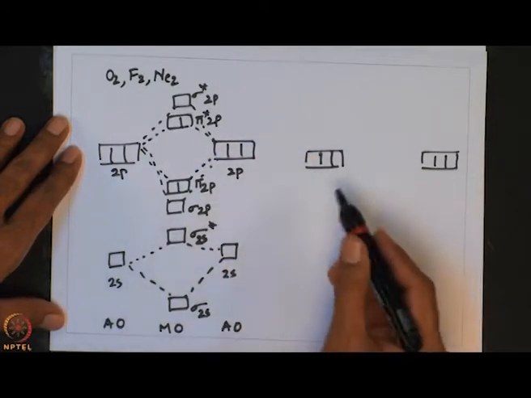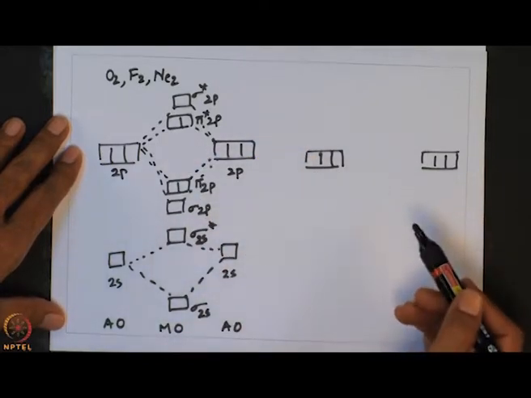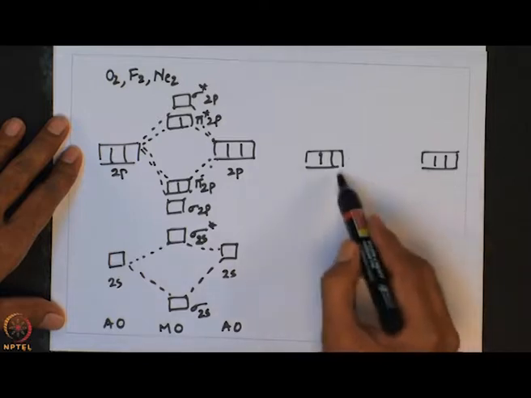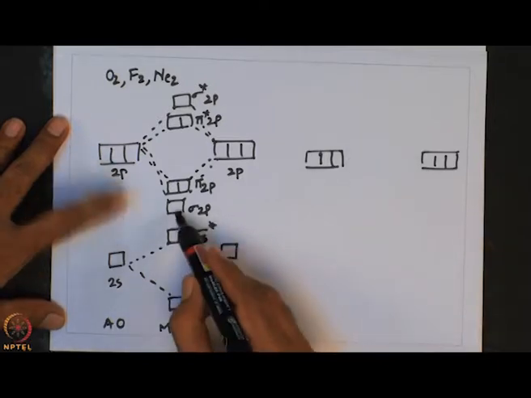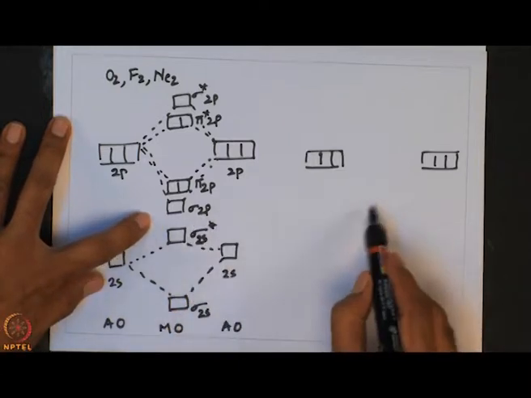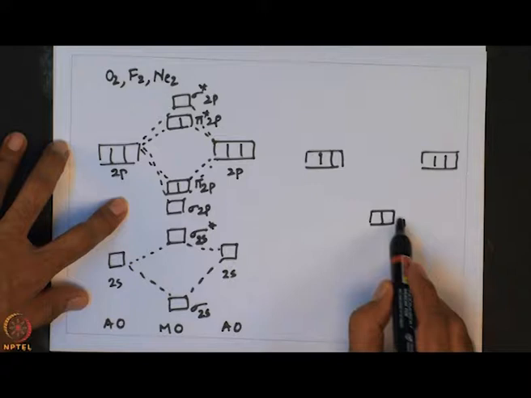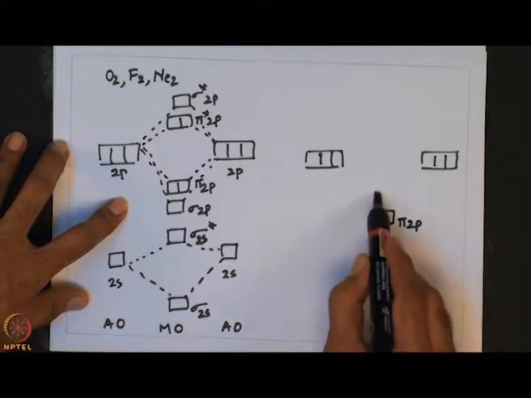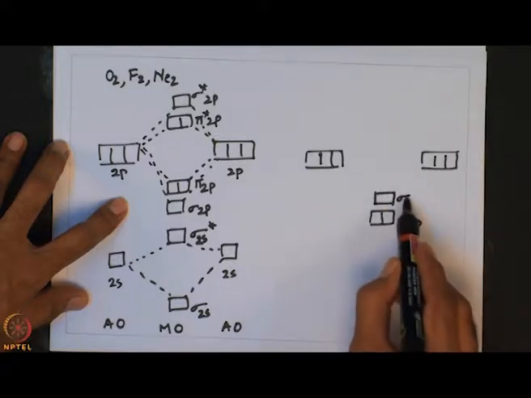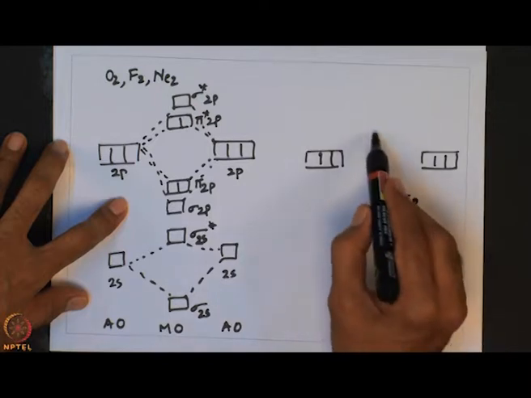Let me write now for boron, carbon and nitrogen. Little changes will be there. Just remember, here sigma 2p is the lower, whereas in this case pi 2p will be lower and then sigma 2p comes.